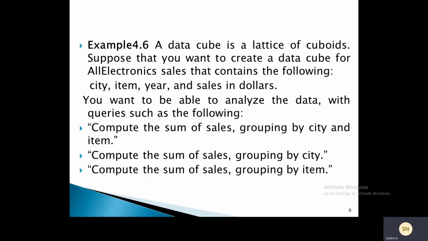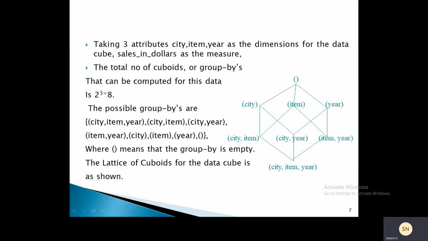So what is the total number of cuboids or group bys that can be computed for this data cube? By taking three attributes, city, item, and year, as the dimensions, the total number of cuboids or group bys will be 2 cubed, which is 8.